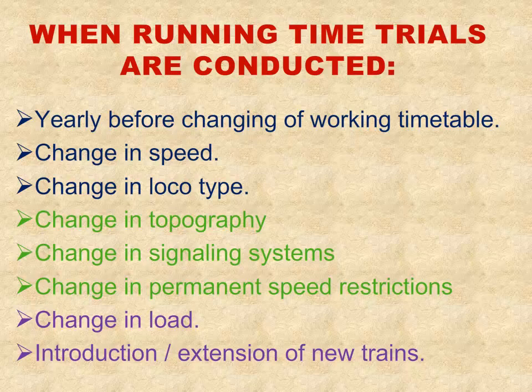Running time trials are conducted yearly, before changing of the working timetable, and on change in speed, change in loco type, change in topography, change in signaling system, change in permanent speed restrictions, change in load, and introduction or extension of new trains.